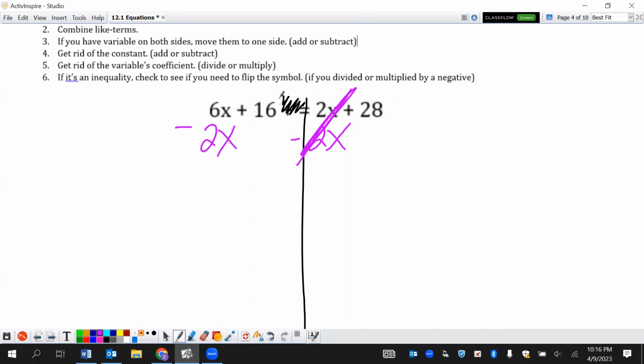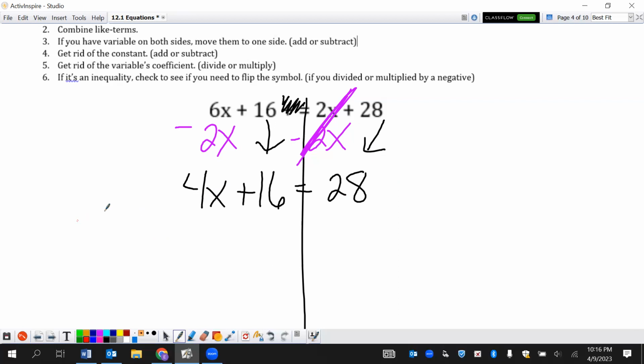Cancels. And I move it to the other side. Minus 2x. And so now those two that have an x are going to be subtracted. 6 minus 2 is 4x. I'm going to bring down the 16. I'm going to bring down the 28. Now I can start canceling things out. I want the x by itself. So I have to cancel the 16 first.